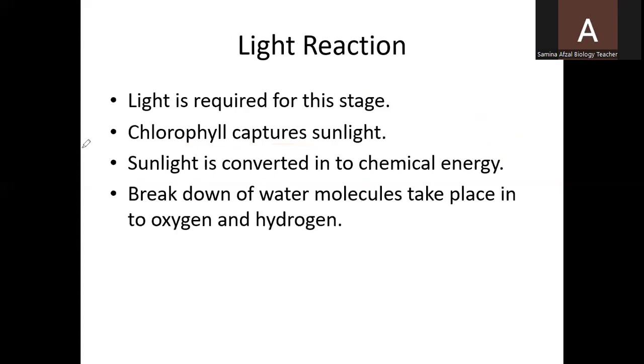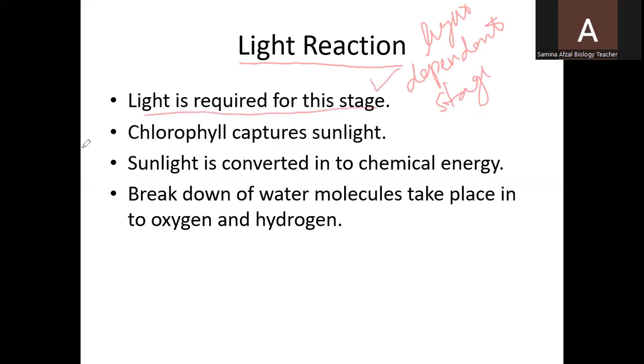The first stage is called the light dependent stage. During this stage light is required, because the light reaction takes place only in the light, as the chlorophyll captures the sunlight. Sunlight is very necessary in this stage. The sunlight captured by the chlorophyll is converted into chemical energy.